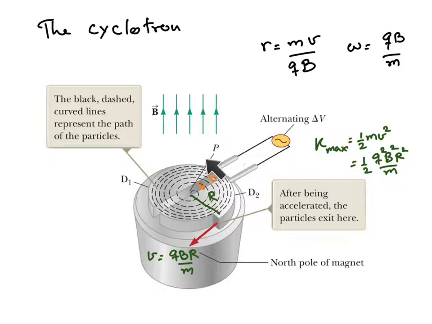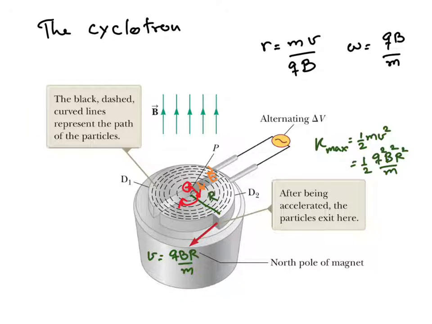So it means that, for example, if the charged particle is a positive charge, at first we have the positive charge here and the electric field points in this direction. So the positive charge will be accelerated in this direction, and then it goes to the circular path due to the magnetic field here.